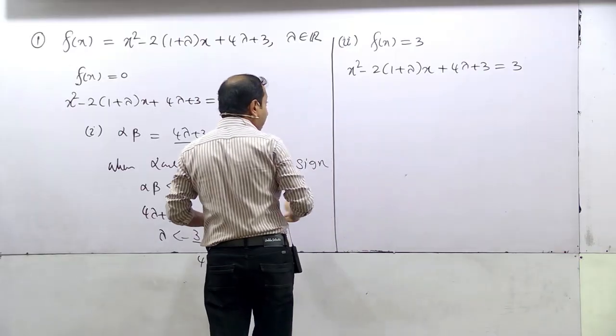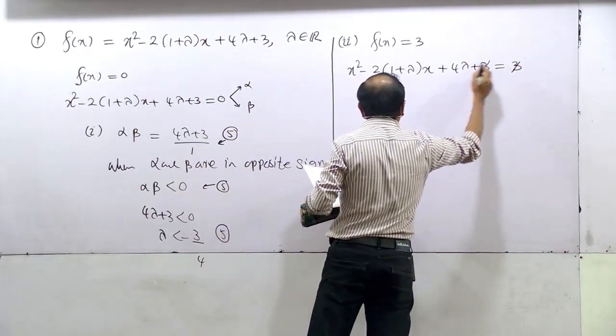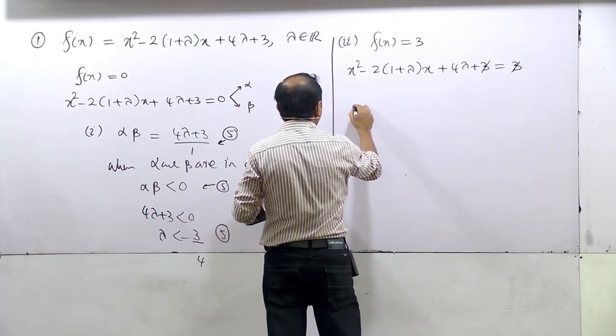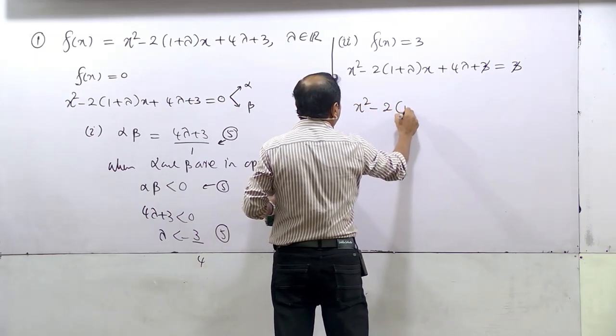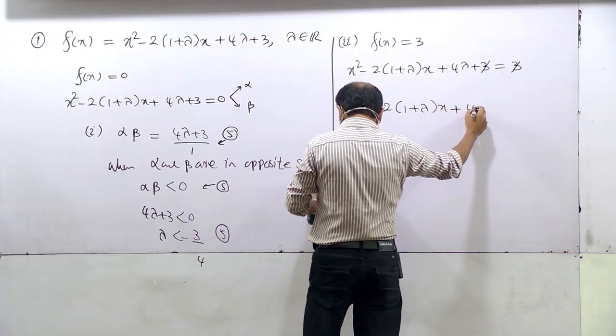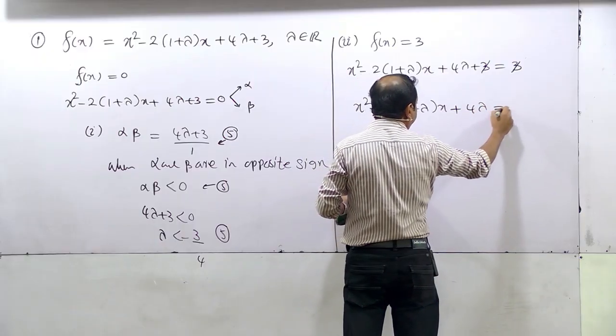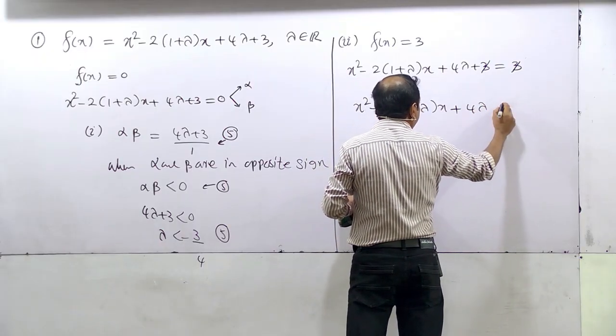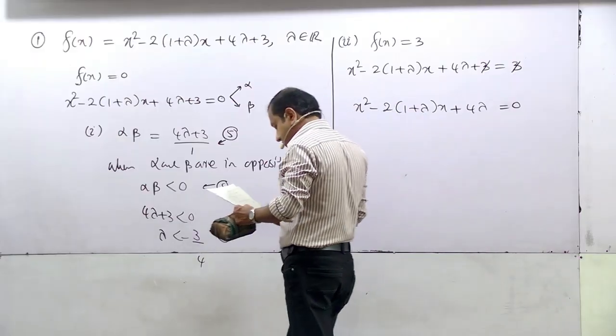Then we can simplify here, the 3 and 3 cancel down. Then we get x squared minus 2(1 + lambda)x plus 4 lambda equals 0.